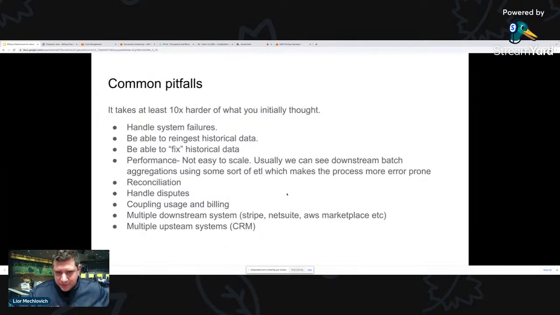Okay, so this is why it's at least 10x harder than what you thought. I think I touched a little bit on those, but I want to dive deeper. System failures are imminent. They'll always happen. You really need to design the system to be able to re-ingest, to retake the data, because in the end, you must show the correct billing data to the customer, right?